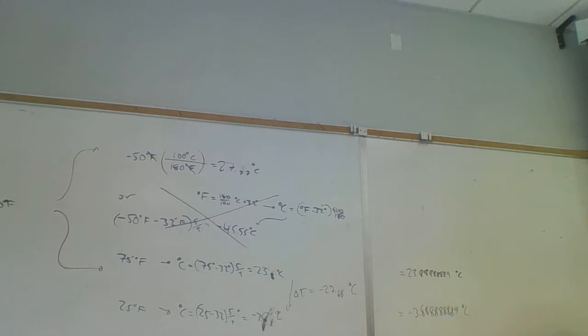So this is going to be 23.88888889. And the delta T here is minus 27.77, etc. And so I get the exact same answer if I carry all the digits in my calculator.